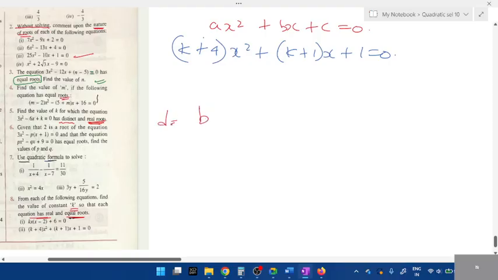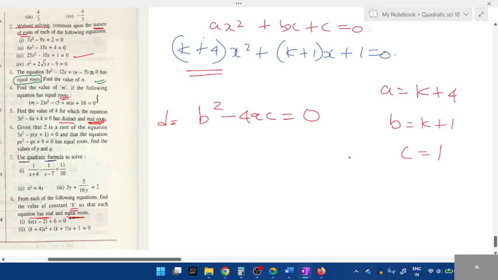Discriminant D is equal to what? B square minus 4AC should be equal to 0. What is A value? From here, what is A, students? K plus 4. What is B value? K plus 1. C is equal to 1. Is it clear? We'll substitute and find the answer later.